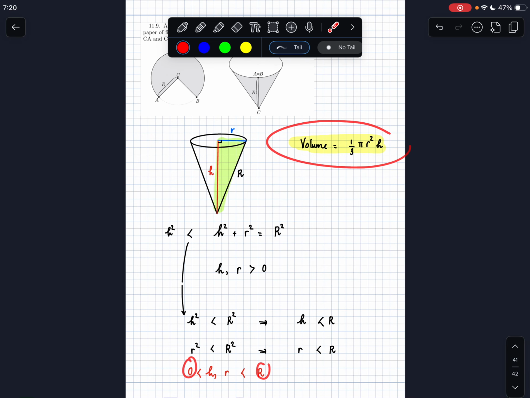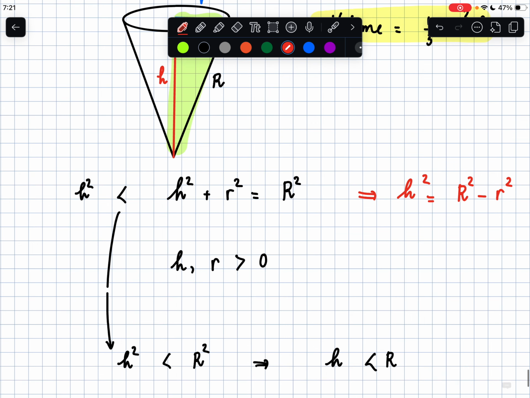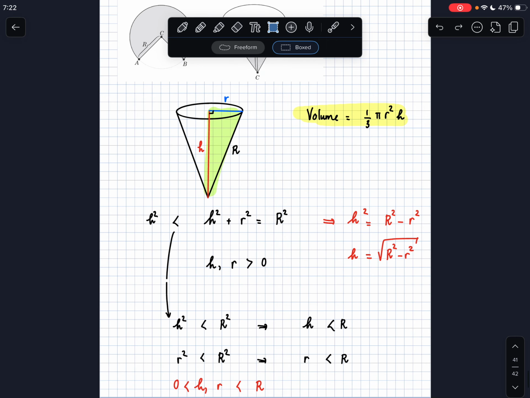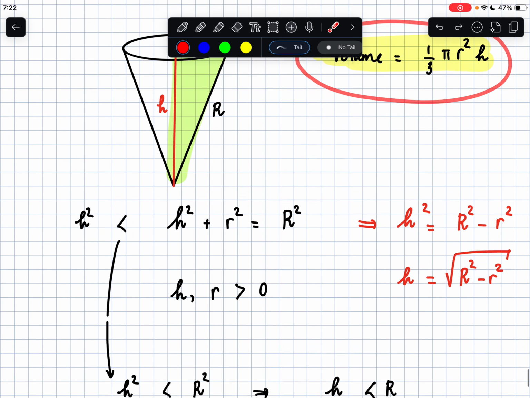Now we need to write this with one variable only. Height squared equal to big R squared minus small r squared, square root both sides. You have height equal to square root of big R squared minus small r squared. Now I can rewrite the formula of the volume in one variable.